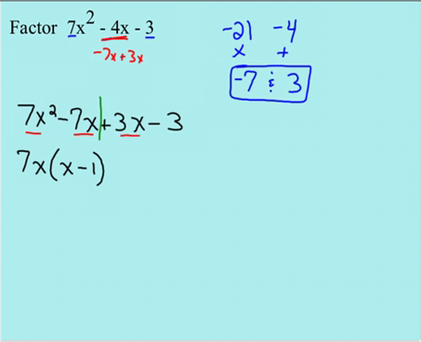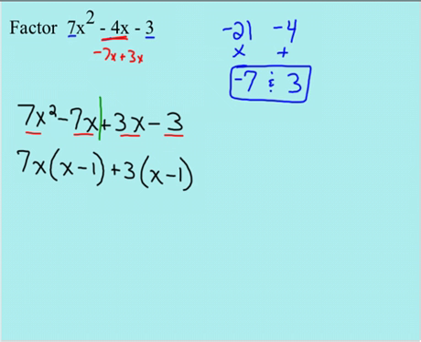And then I look at the next two. What can I factor out of those? Well, I can factor out a 3. 3 times x is 3x. 3 times negative 1 is negative 3. And so I look at my parentheses. They're both the same. That's good.